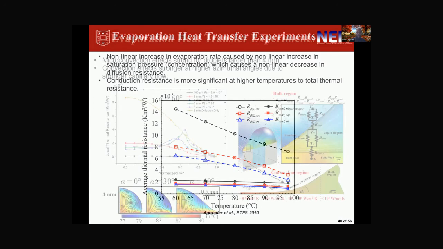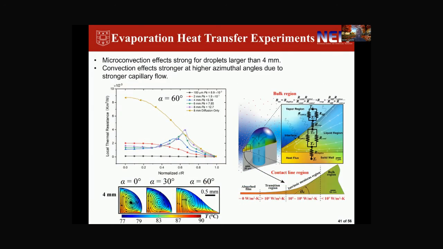We also have been investigating microconvection effects for asymmetric droplets. What we see here is that, typically for droplets smaller than 2 millimeters, there's a monotonic increase in evaporation rate as you approach the contact line region.